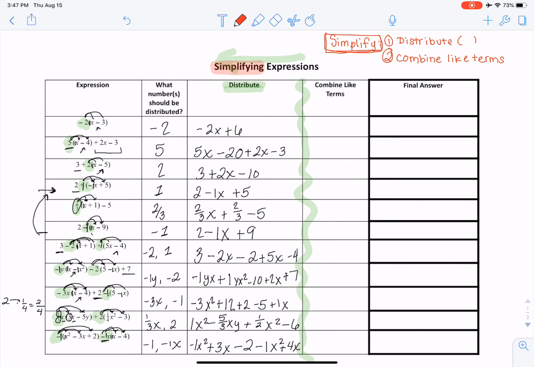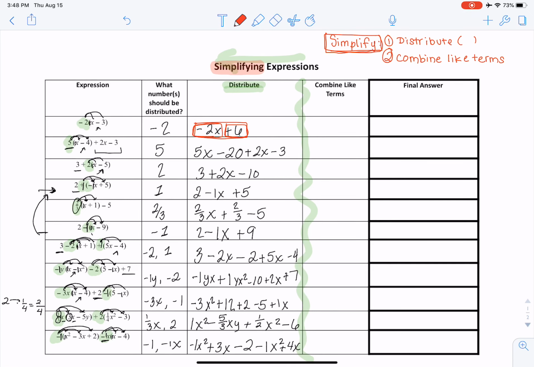So in this very first question, after I distributed, I ended up with negative 2x plus 6. Now when we talked about like terms, we talked about that they have to have the same variables with the same exponents. Here I have two terms. My first term is negative 2x. My second term is a positive 6.